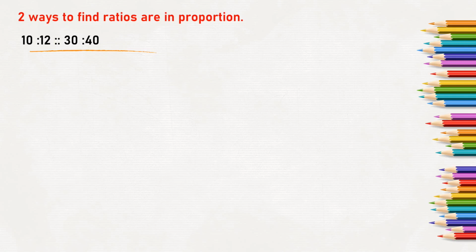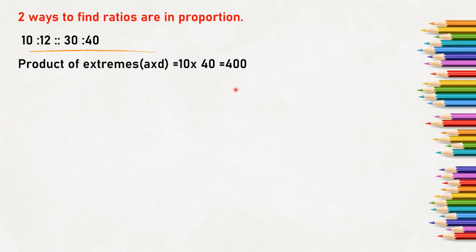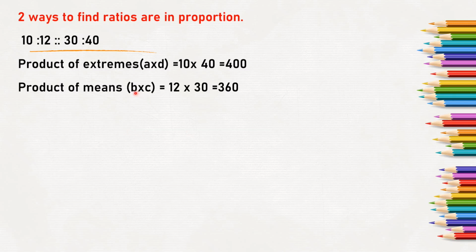10 is to 12 double colon 30 is to 40. We have to find out whether 10 is to 12 is proportionate to 30 is to 40 or not. First we will find the product of extremes, that is A and D, which is 10 into 40. What is 10 into 40? Yes, 400. Next we will find the product of means, B into C, that is 12 into 30, which is equal to 360.